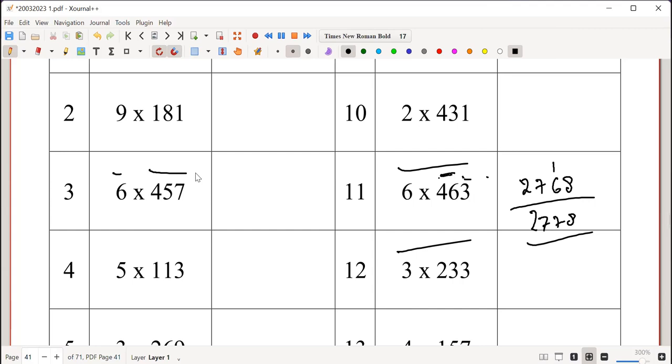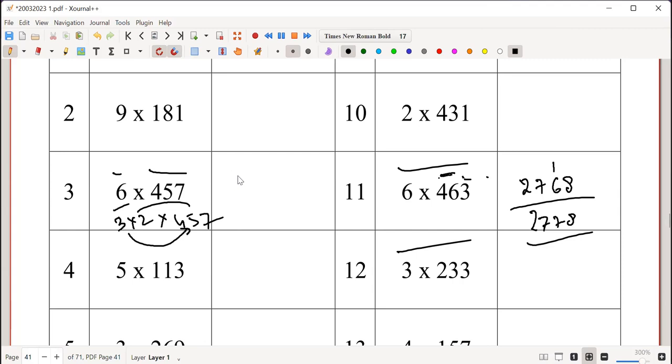6 into 457 is... The 6 can be converted into 3 into 2 into 457. Either multiply this and double it, or double it and multiply.